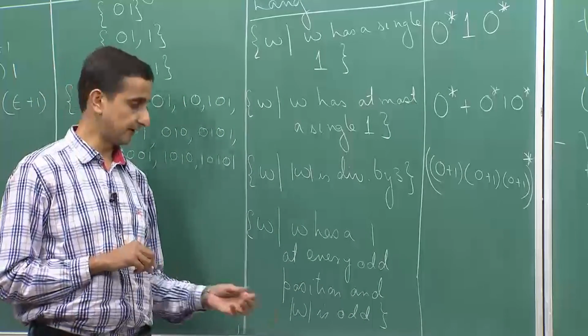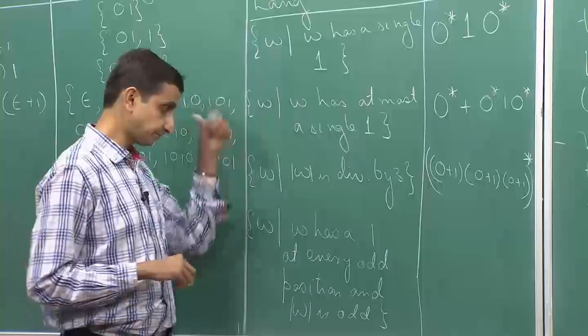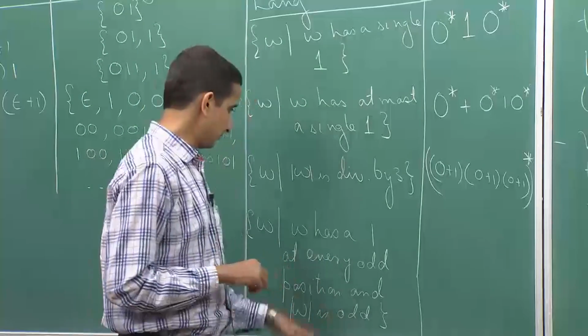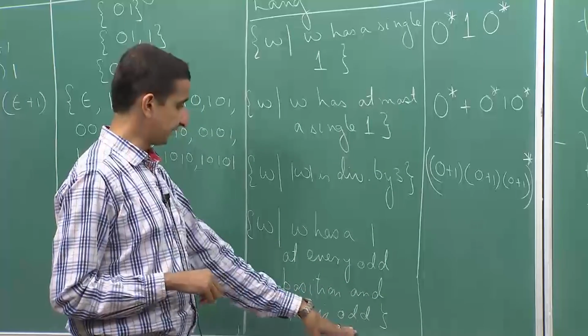Okay. So, I want to look at all strings which have this form. So, how do we go about? It has 1 at every odd position and the length is odd.